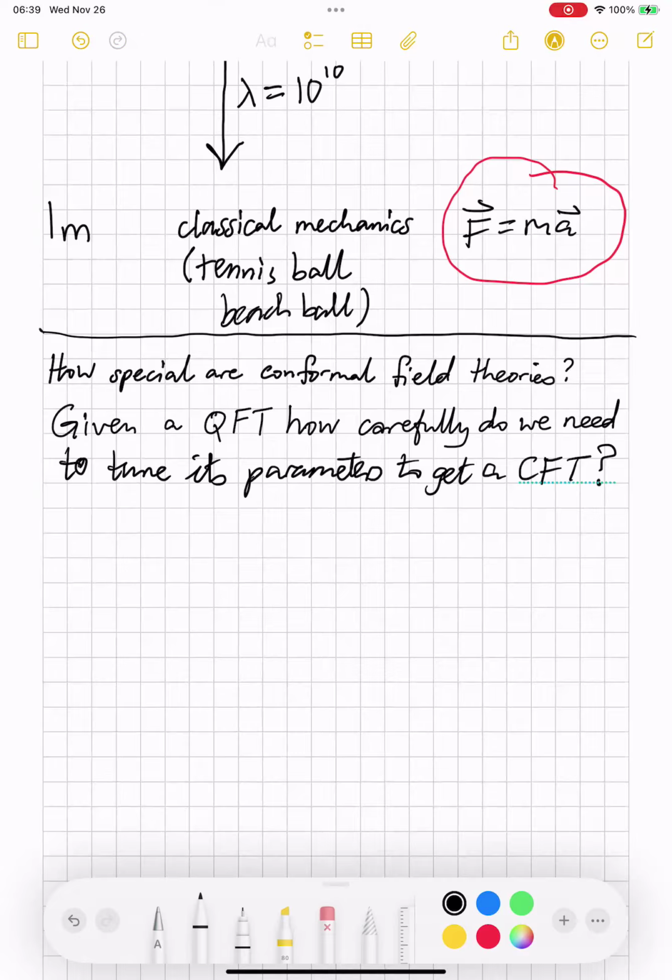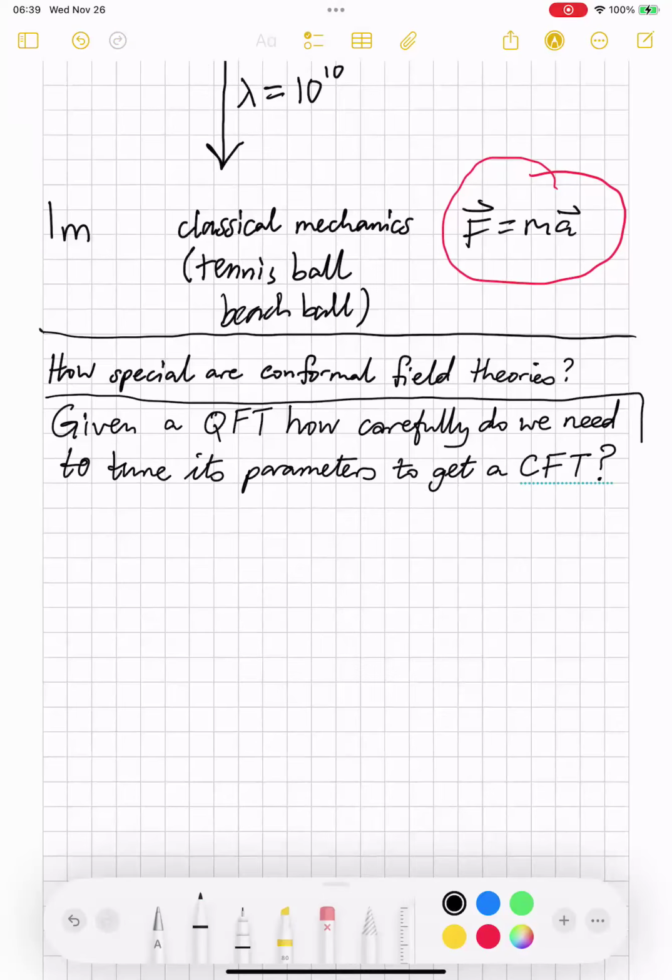So if I just give you some general QFT, how carefully do we need to tune its parameters to get a conformal field theory? And this is a much better question than asking how special are conformal field theories, but it's getting at exactly the same thing. Okay, we'll continue in a moment.